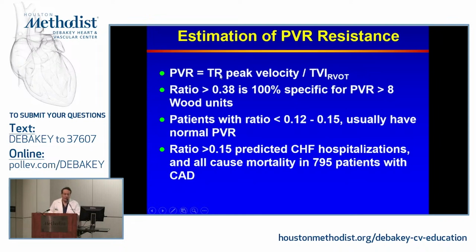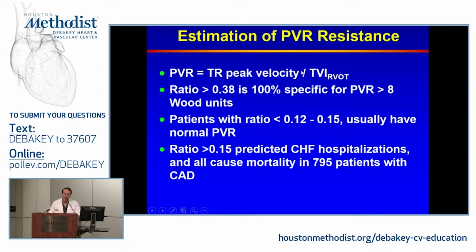Before I go in, you can readily appreciate that the peak TR velocity is not the same as the mean PA pressure. Also, the pulmonary vascular resistance expression needs a measurement of left atrial pressure or mean wedge pressure. That expression ignores it. Likewise, in the denominator, we have the time velocity integral of the RV outflow tract, but that's not the same as the flow. We need the diameter. Why did the investigators go after these?